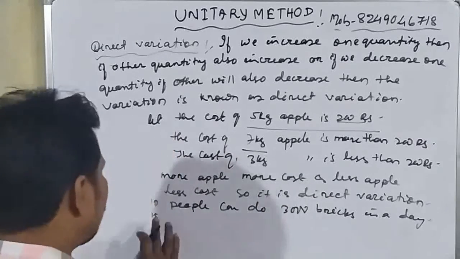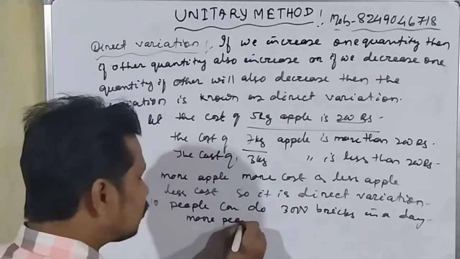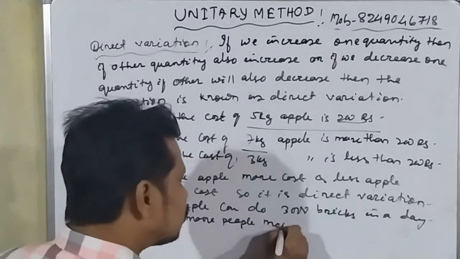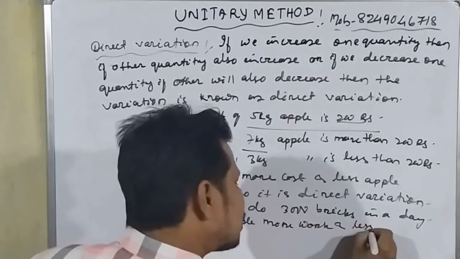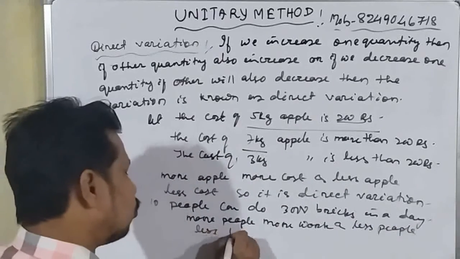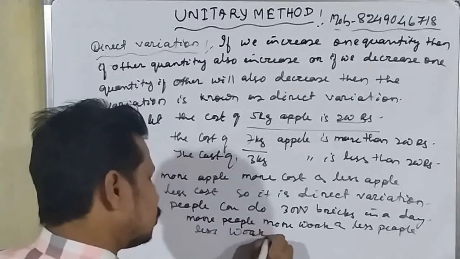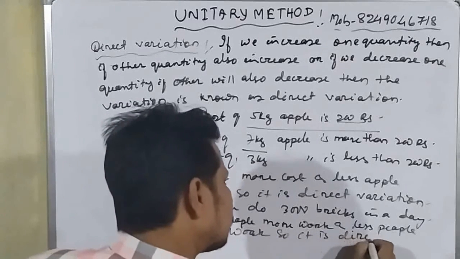Okay student? So here we can write that more people, more work, and less people, less work. So it is direct variation.